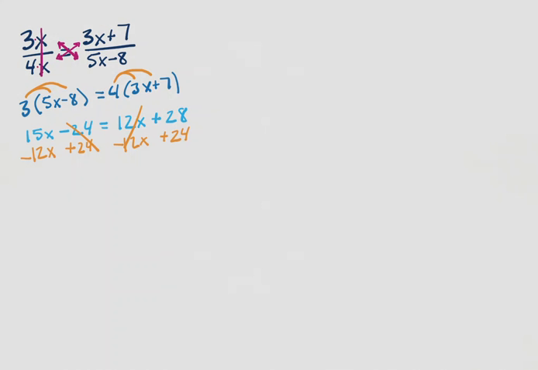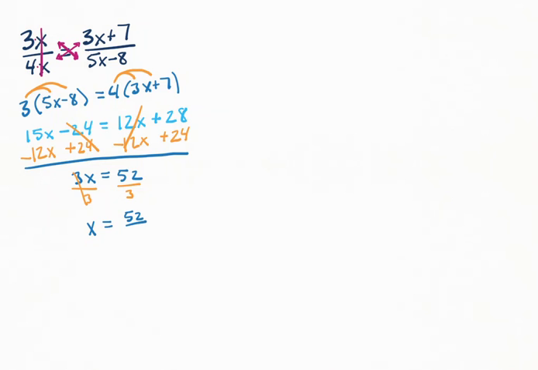All right. Combine like terms. 15x minus 12x is 3x. And 28 plus 24 is 52. Finally, the last step in solving this equation is going to be to divide by 3. And we find that x equals, now I'm going to be careful here, x equals 52 thirds.